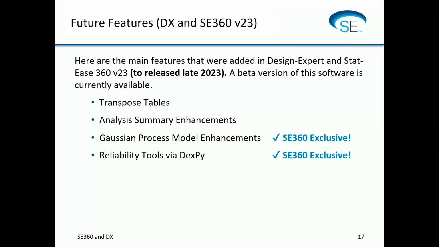So here are the main features that were added in the version that we're going to be releasing in late 2023, and it's currently available. You can contact us if you'd like to use it early. I do just want to mention that if you are on an annual license, whether it's a subscription or a network license or a hosted network license, there's no additional charge to upgrade.